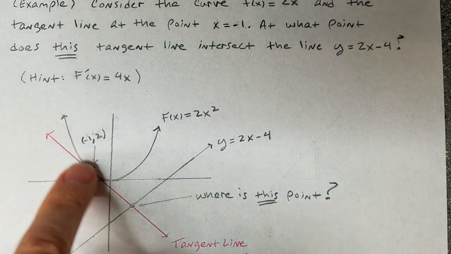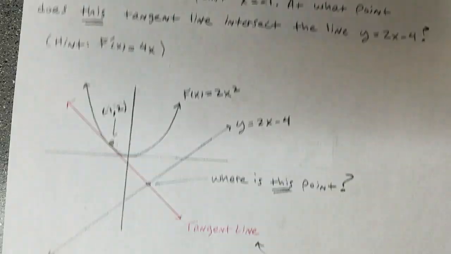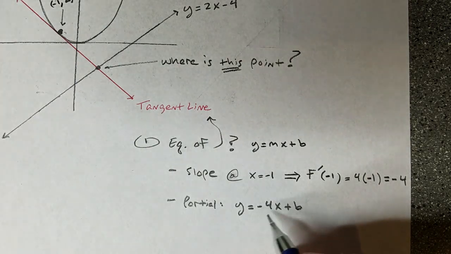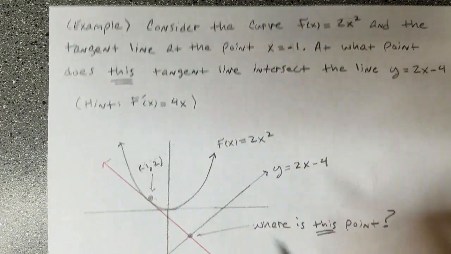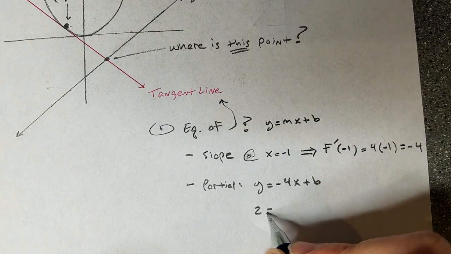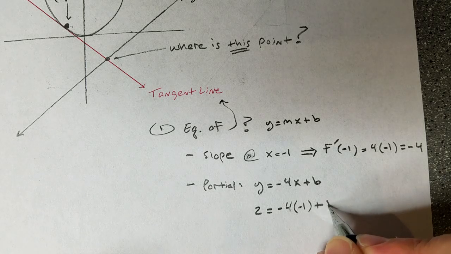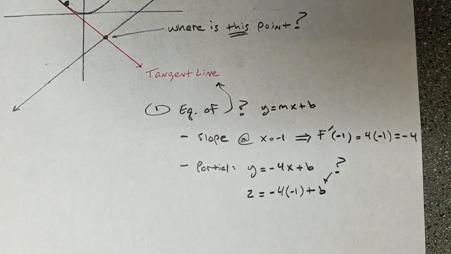So the tangent line has that point right on it. You could put this for x, that for y, and it would be valid because that point is on there, and you can find b. So we'll put 2 for y, -1 for x, and then b is the only thing left at that point, and we can figure it out.